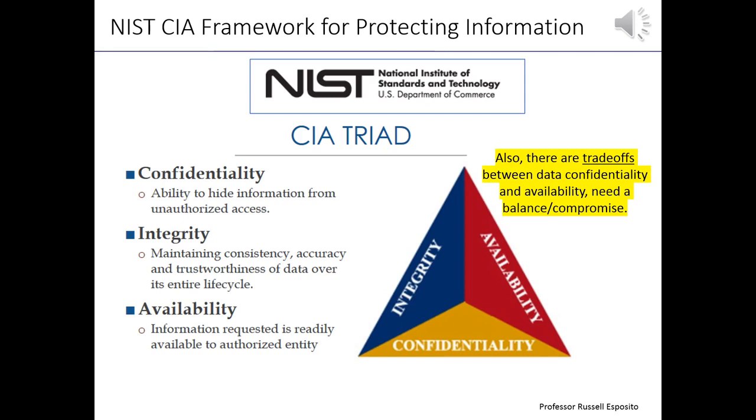Those are the three pieces of the CIA triad that NIST recommends. This is the fundamental concept you have to keep in mind for all security technologies, techniques, policies, and procedures. You must always maintain this triad. It must be preserved regardless of what you do in information security.